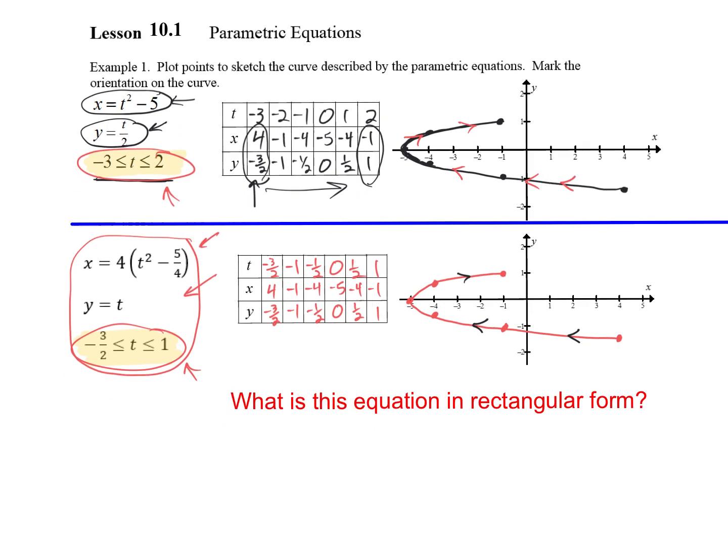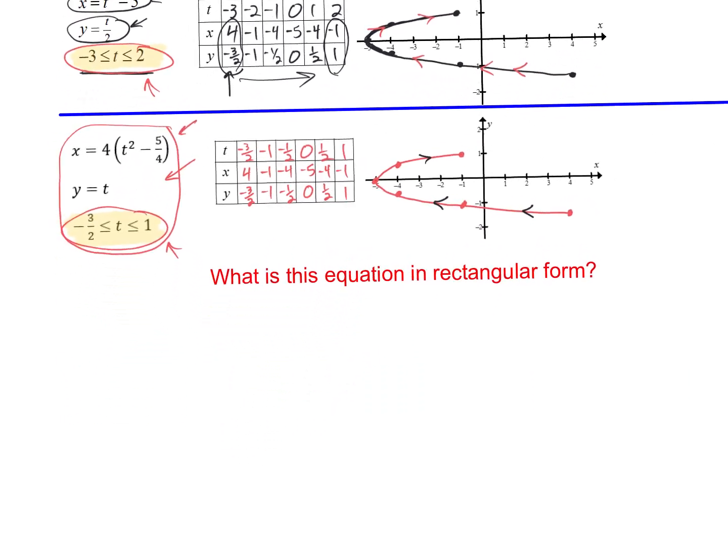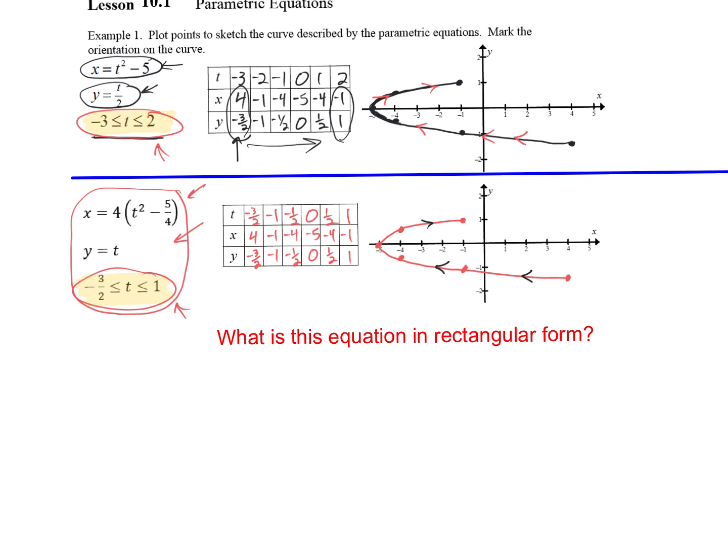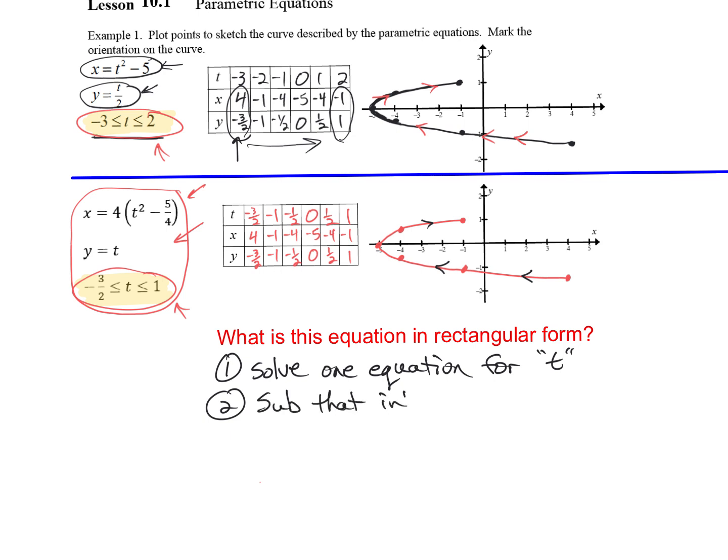So again, before we move on to the next question, what would the rectangular equation be for this? If you had just wanted to graph this, how would you graph it? Well, when you're trying to convert to a rectangular form, these are the steps you do. The first thing you do is solve one equation for t, either one, and then substitute it into the other equation.